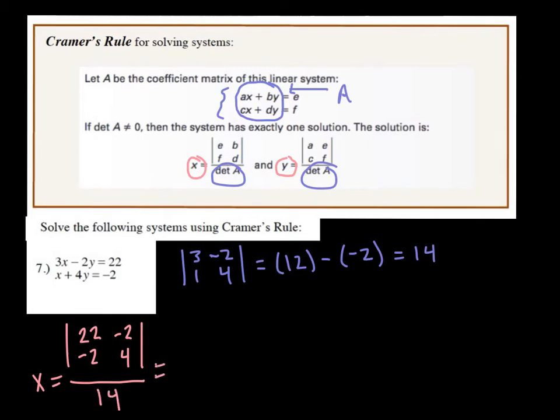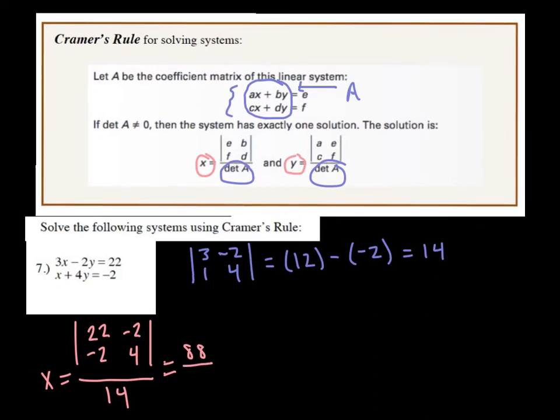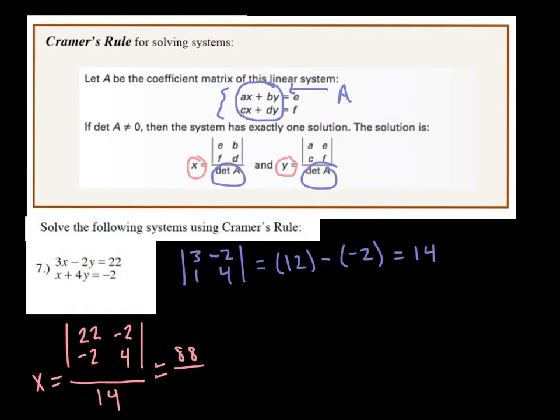So this will equal 22 times 4 is 88, minus -2 times -2, which is 4, and we divide it by 14, which we already found.